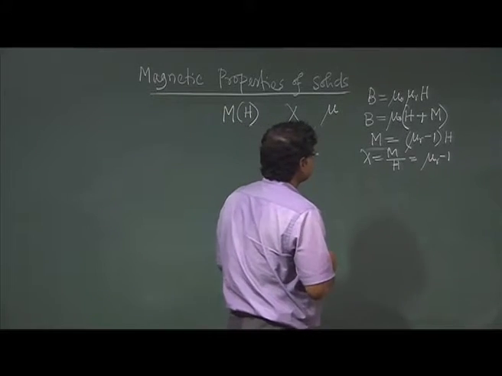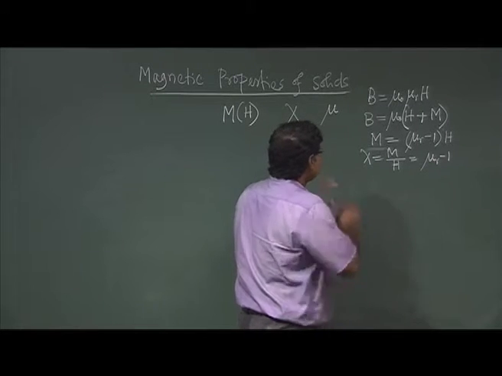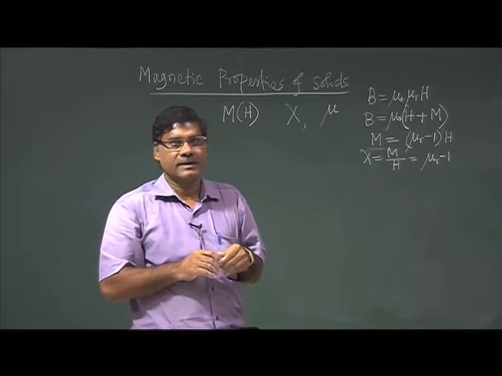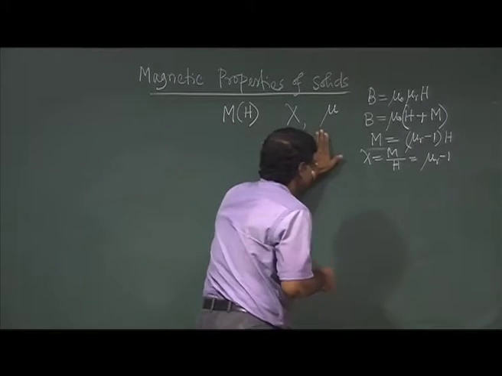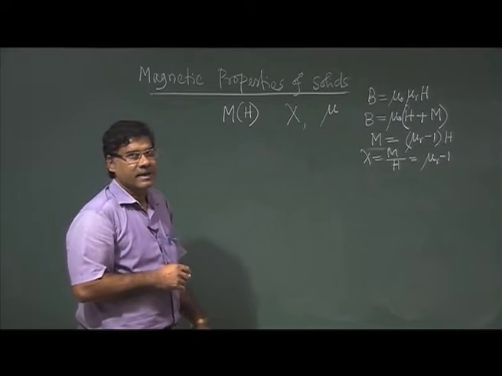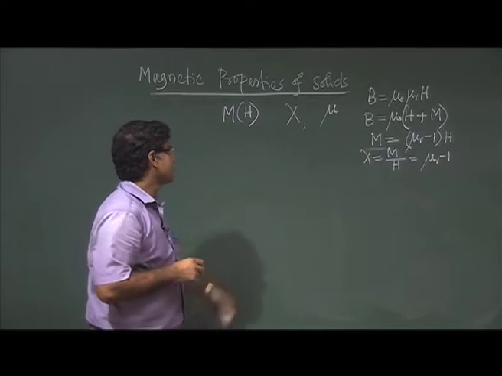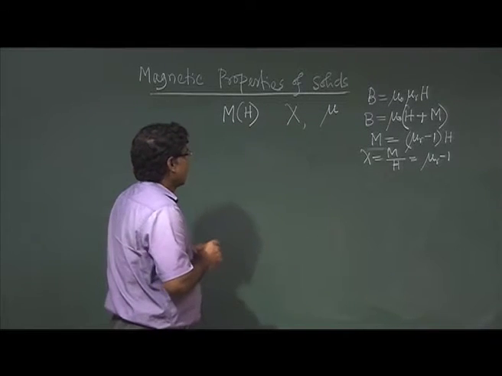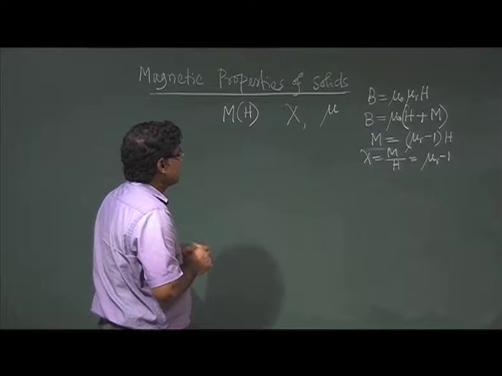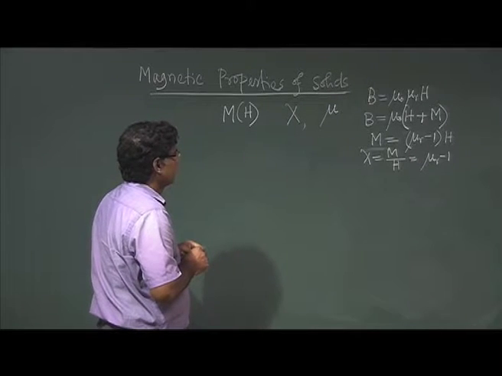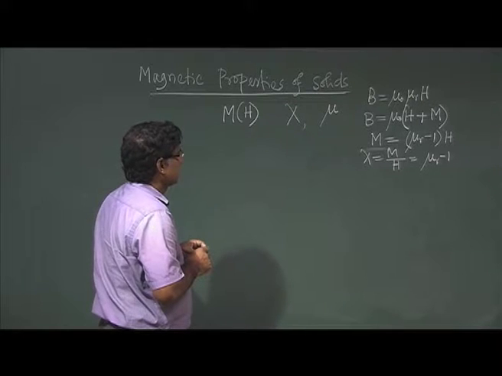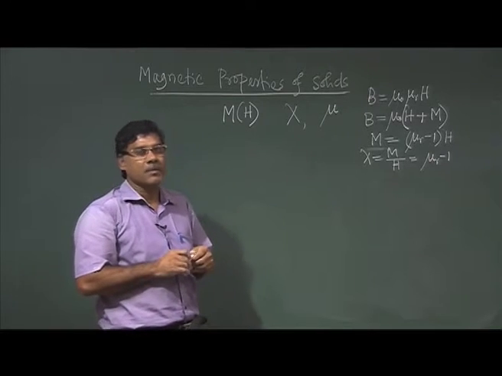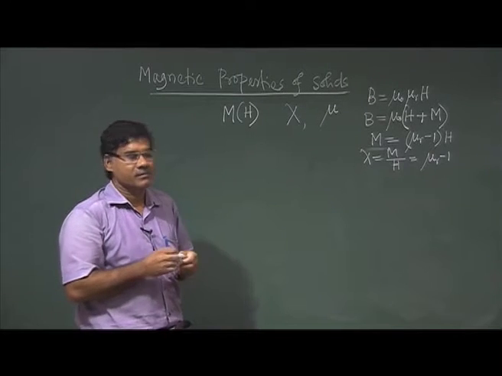So, without knowing the details, one can study the magnetic material experimentally, just measure magnetization as a function of magnetic field. But as I mentioned, the origin of this property comes from the atomic contribution.